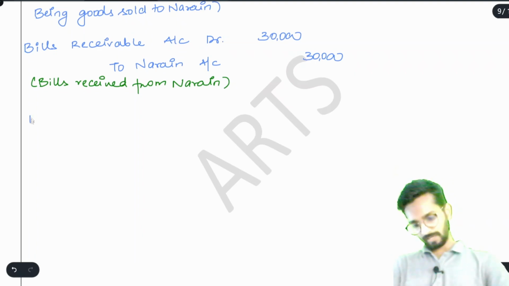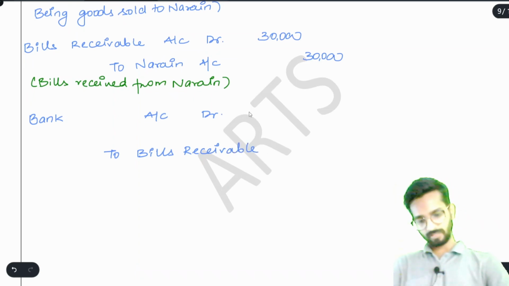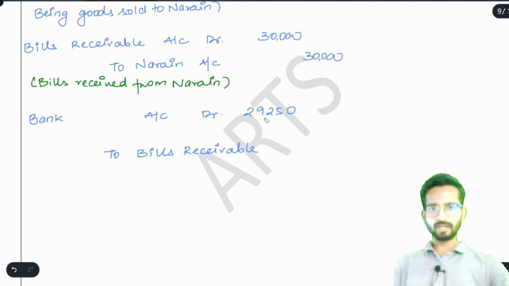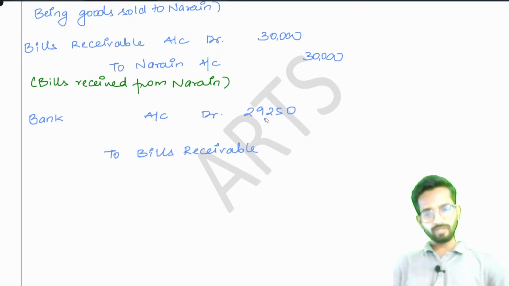Very simple. Now, since the bank has given 29,250 to Sachin against the bills receivable, Sachin wrote bank account debit to bills receivable, and I wrote in the bank account that I have received money 29,250. Now a student tells me, sir, you gave a bill worth 30,000, but you got money only 29,250. It means you are getting less money.